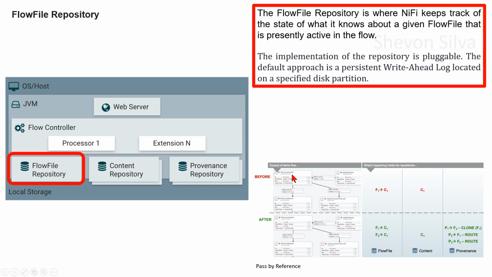Coming into the RouteOnAttribute processor, there is a flow file F1 that contains the status code attribute and points to the content C1.